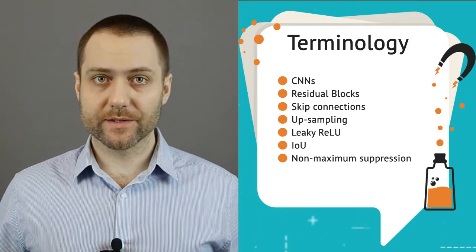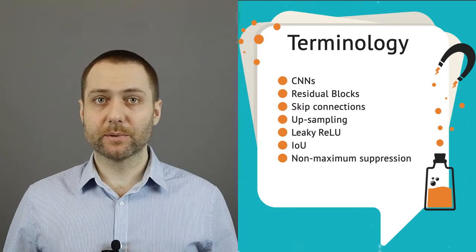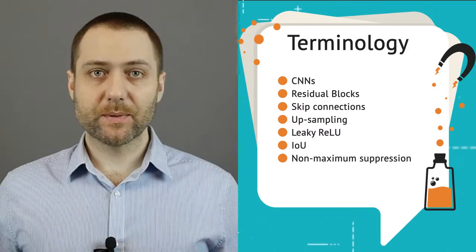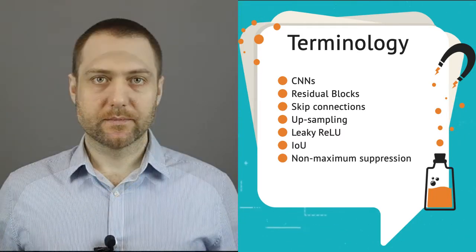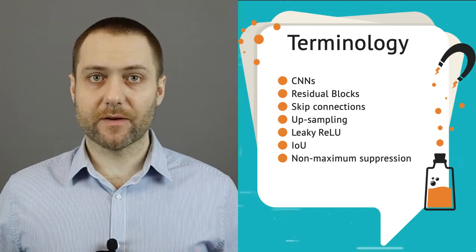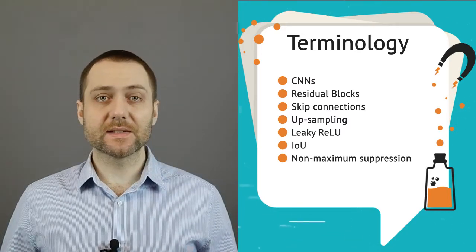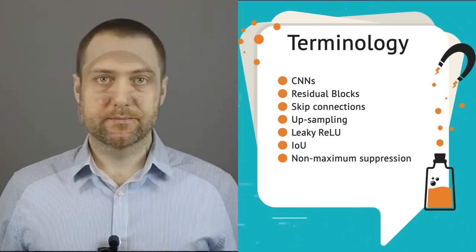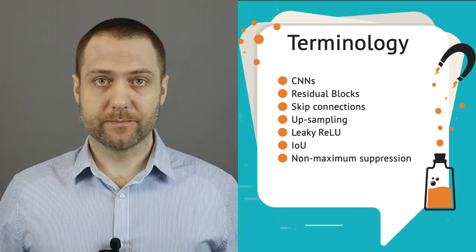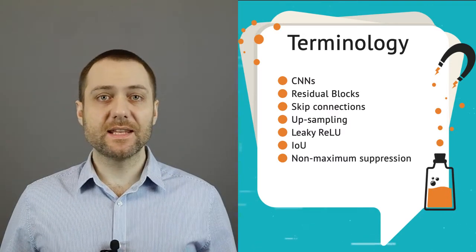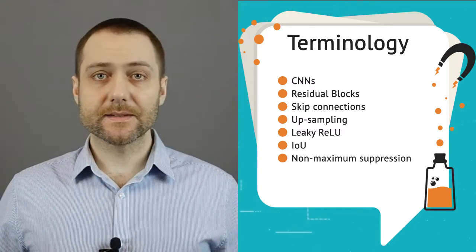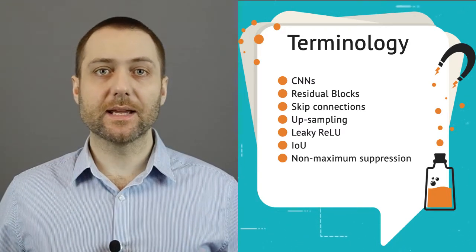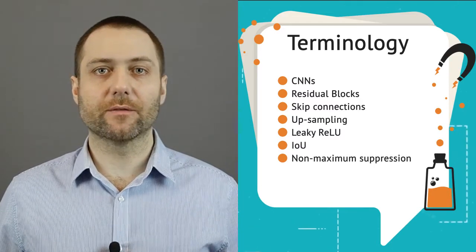Convolutional neural networks, residual blocks, skip connections, upsampling, leaky ReLU activation function, intersection over union, non-maximum suppression. We will cover these topics in separate lectures. Let's turn now to the next topic and have a look at architecture of YOLO version 3.